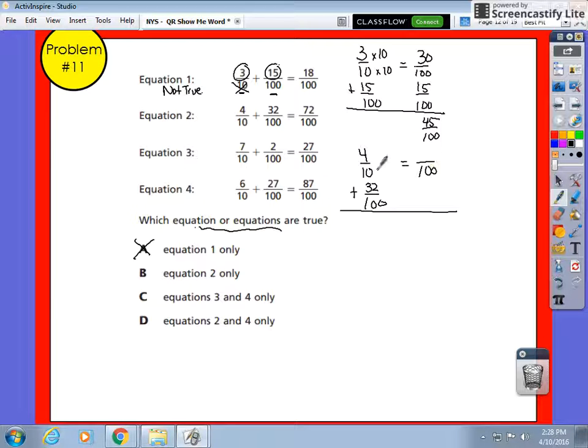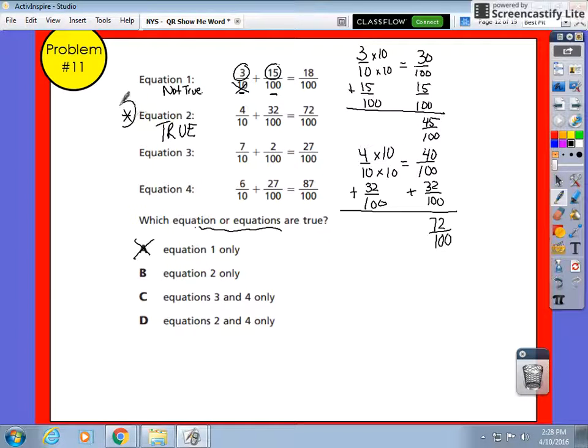So I can say 10 times 10 gives me 100. So I have to multiply my numerator 4. I get 40/100 plus the 3200. And I find out that my answer is 7200. So equation number 2 is true.